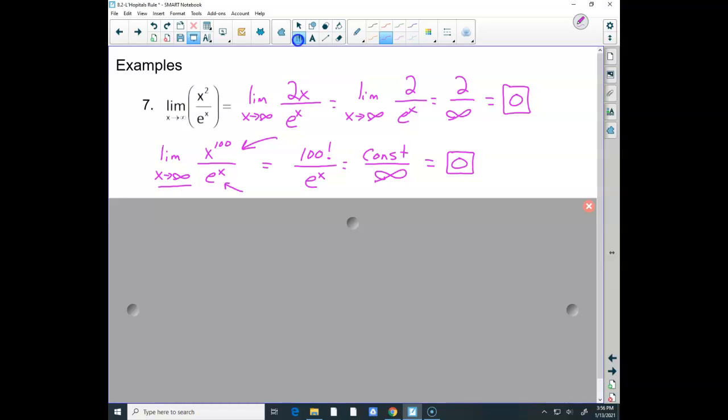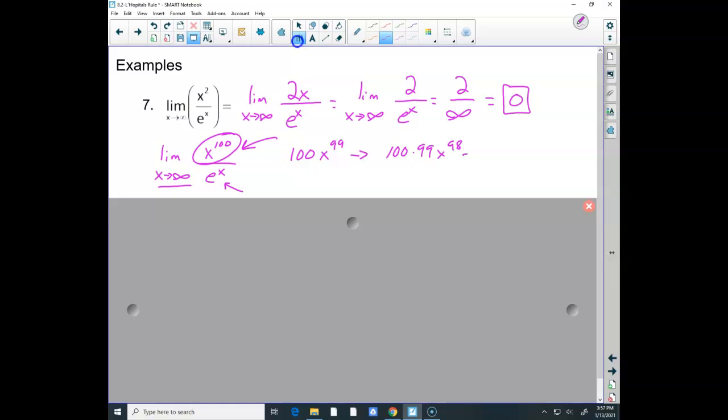How did you get that to be 100 factorial? Well, if you really want to see, I'll show you, okay? I'm going to have to take all kinds of derivatives. Well, the first derivative of that is 100 x to the 99. And if I keep it separated, the next one is going to be 100 times 99 x to the 98.